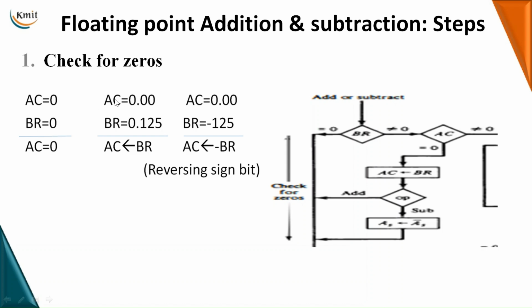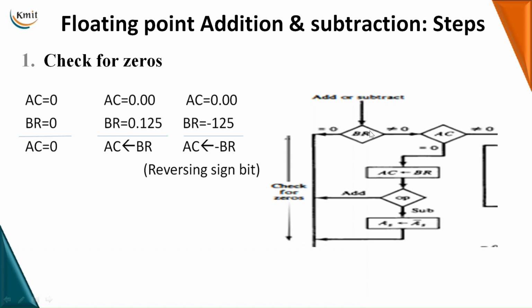Similarly, if one of your operands is zero, the result of your addition operation will be the value of the other non-zero operand, right? So the result which has to be stored in your AC register depends upon the values that are stored in your operands.